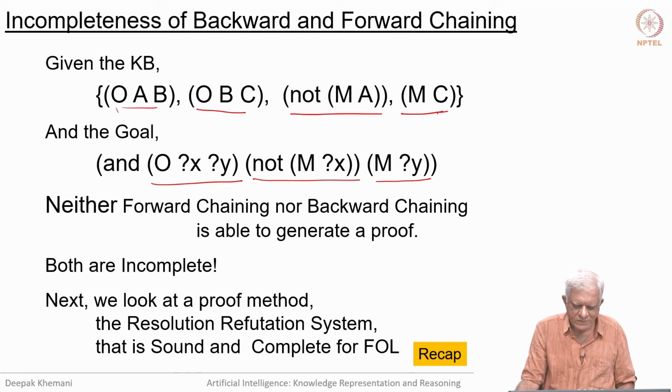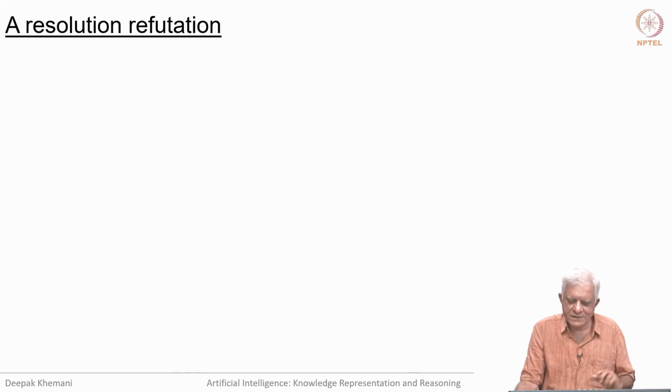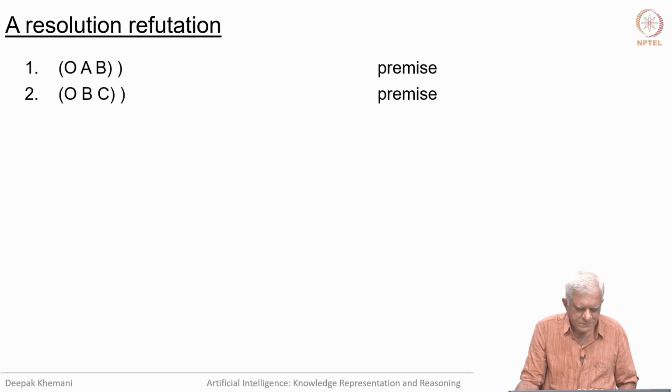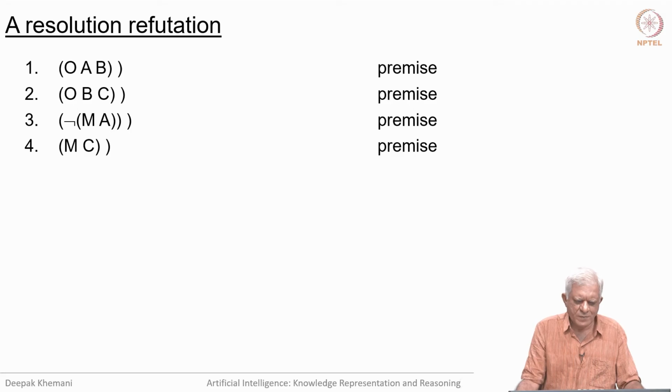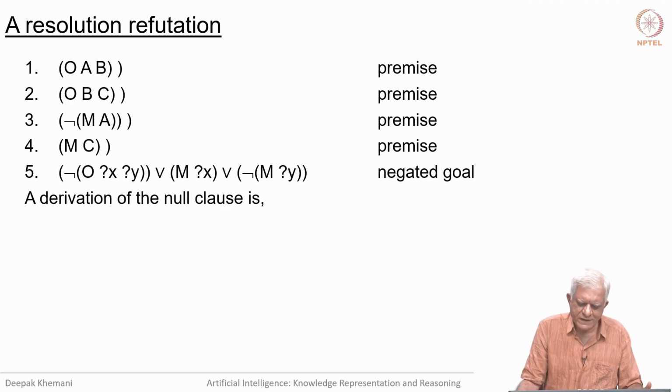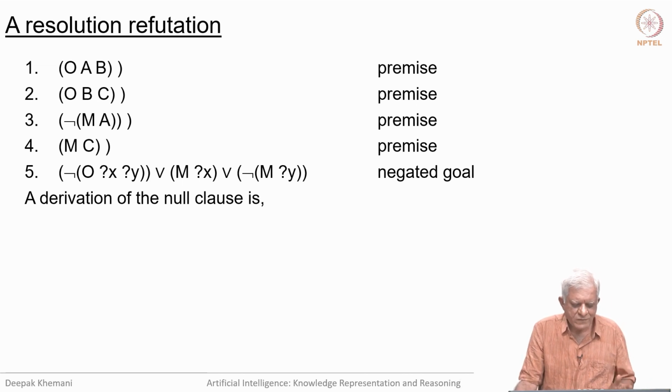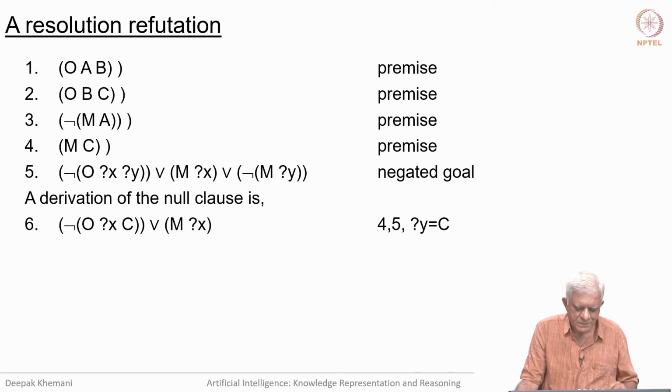So let us now see how this happens in the resolution method. We started with the 4 premises that we had, and we negate the goal and add that as an additional clause. Now you will see that we will start using this negated goal pretty soon. In fact, the very first thing that we derive is from 4 and 5.